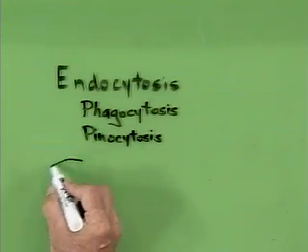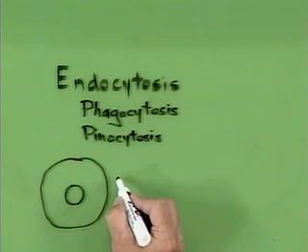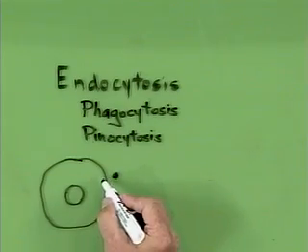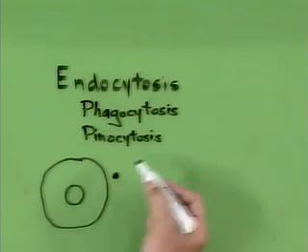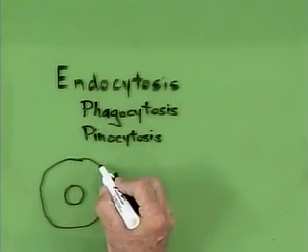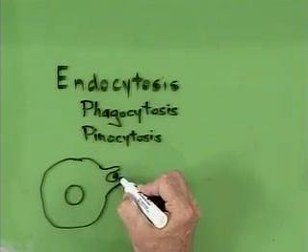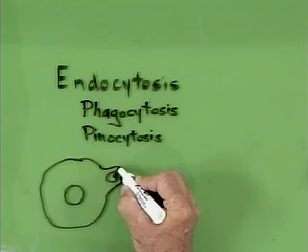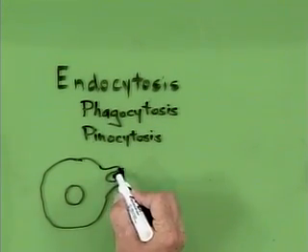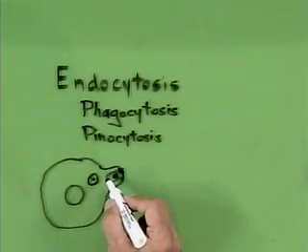Basically what's happening, if you allow this to represent a cell, that's a nucleus, and here's a little droplet or a particle of material that maybe that cell would like to have inside of itself. It can approach this and send out a process of the cell membrane thusly, and eventually completely surround and cut off right here with the cell membrane, taking this foreign substance into it, surrounded by a bit of the original cell membrane.